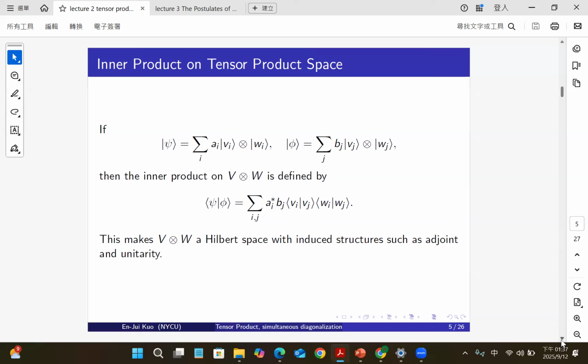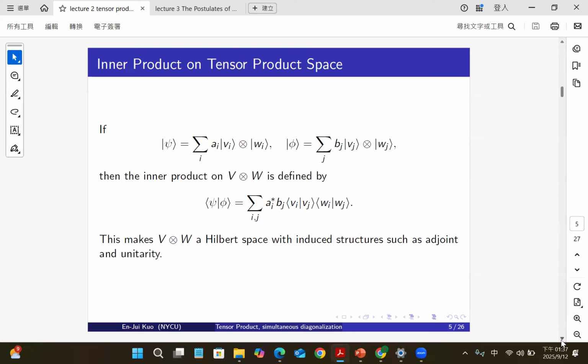And the inner product would by definition, because v can be paired with v, because they are sitting in the vector space V, and then w are sitting in the vector space W. So the inner product should be defined as v inner product with v itself, and w inner product with w itself. And you just take all the.